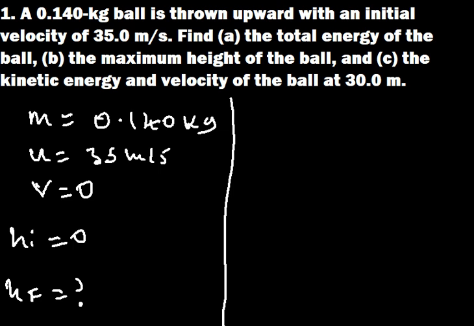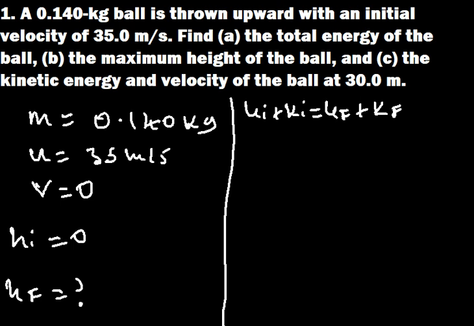So according to the law of conservation of mechanical energy, the initial potential energy plus the initial kinetic energy will be equal to the final potential energy plus the final kinetic energy.